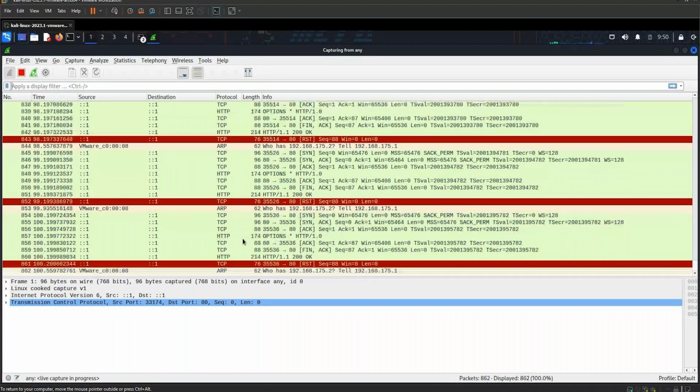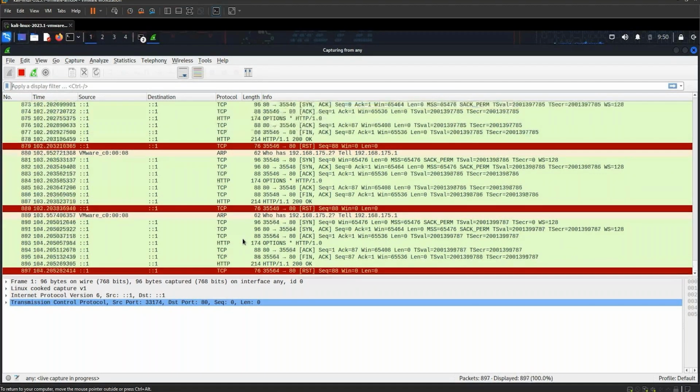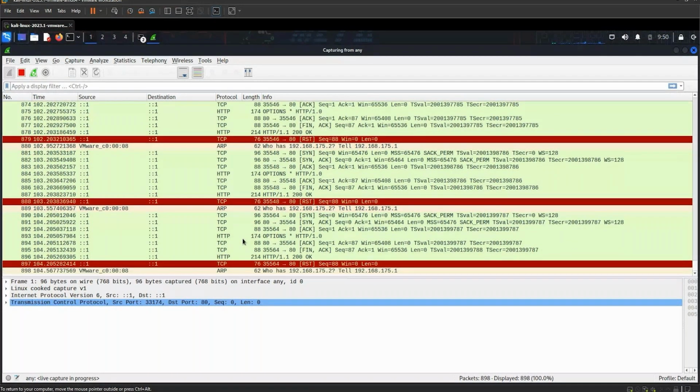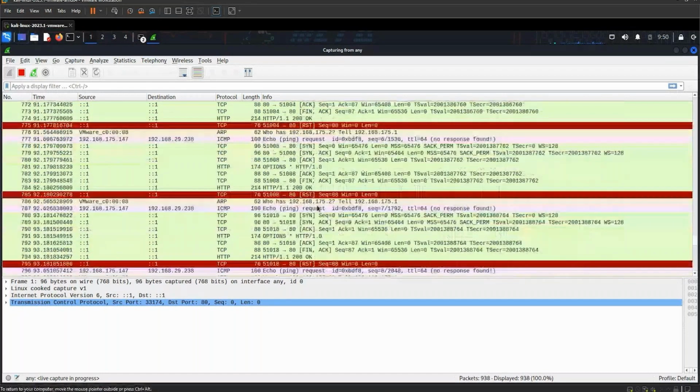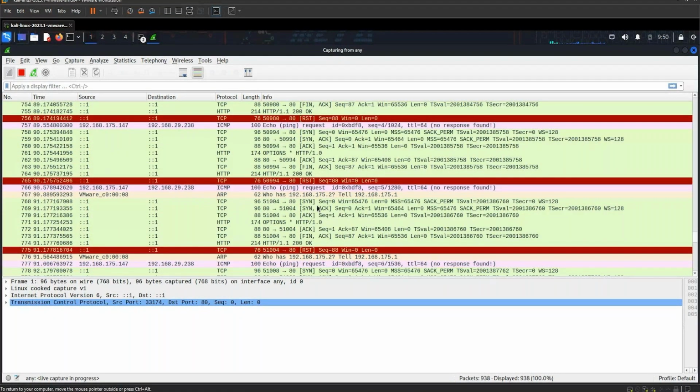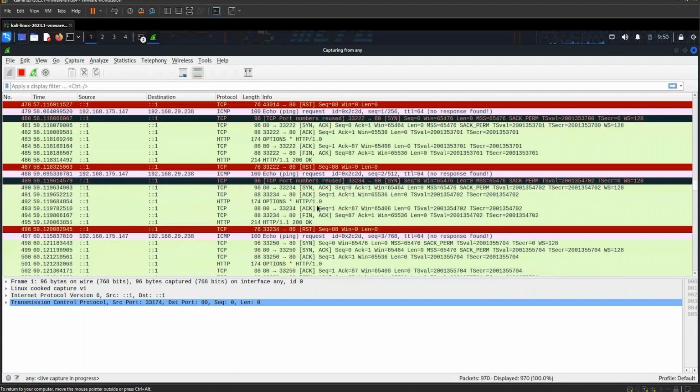Now, if you can see here, every kind of request is being captured, everything. So, can I call it a man in the middle attack? See, here is the ping request from 147, my device, to 29.238, which is the IP address of my mobile phone.